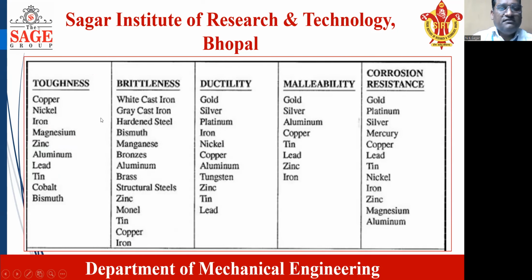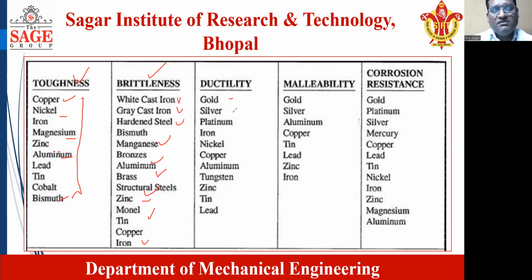These are the different materials which have different properties. Copper, nickel, iron, magnesium, zinc, aluminum, lead, tin, cobalt, bismuth all have the property of toughness. Then next, white cast iron, gray cast iron, hardened steel, bismuth, manganese, bronzes, aluminum, brass, structural steels, zinc, tin, copper, iron all have brittleness.